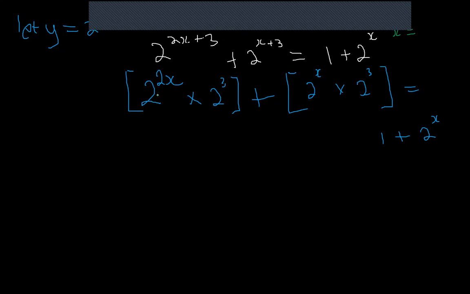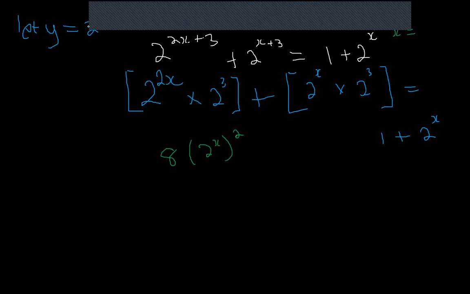So now I could simplify this even further. 2 cubed, that's 8. And 2 to the power of 2x can be written as 2 to the power of x, squared. So by now I would know, okay, for sure, I'm going to do substitution.